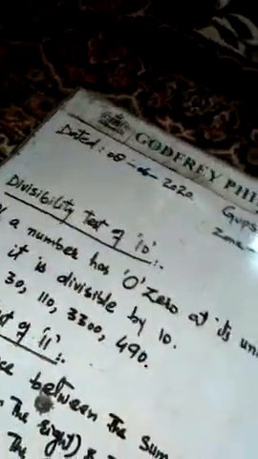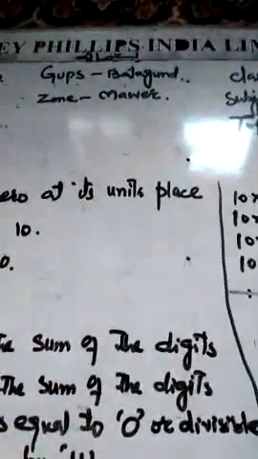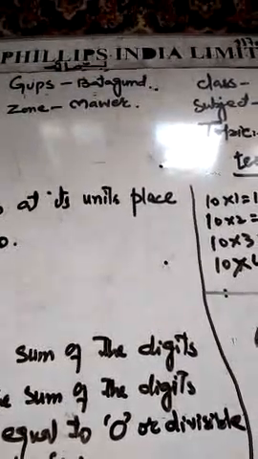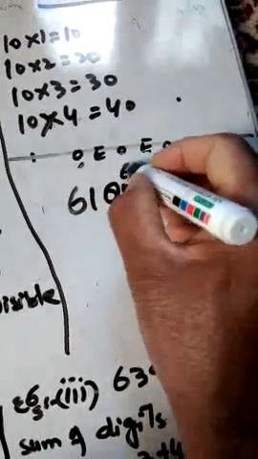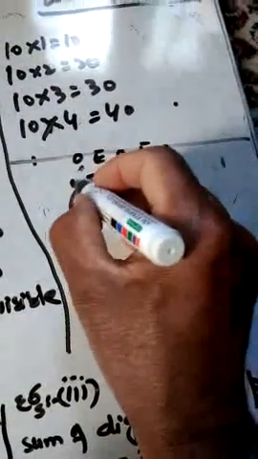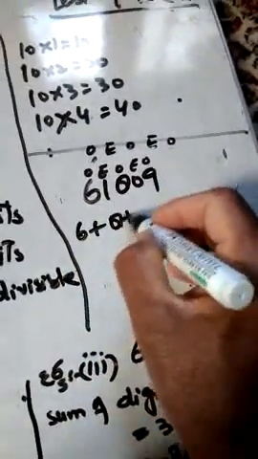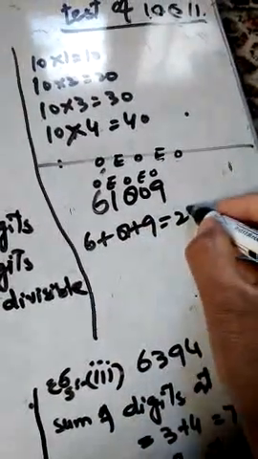If we take another example, for example, the number 61,809. Starting from the right, we write: odd, even, odd, even, odd. The sum of the odd-place digits is 6 plus 8 plus 9, it goes 23.